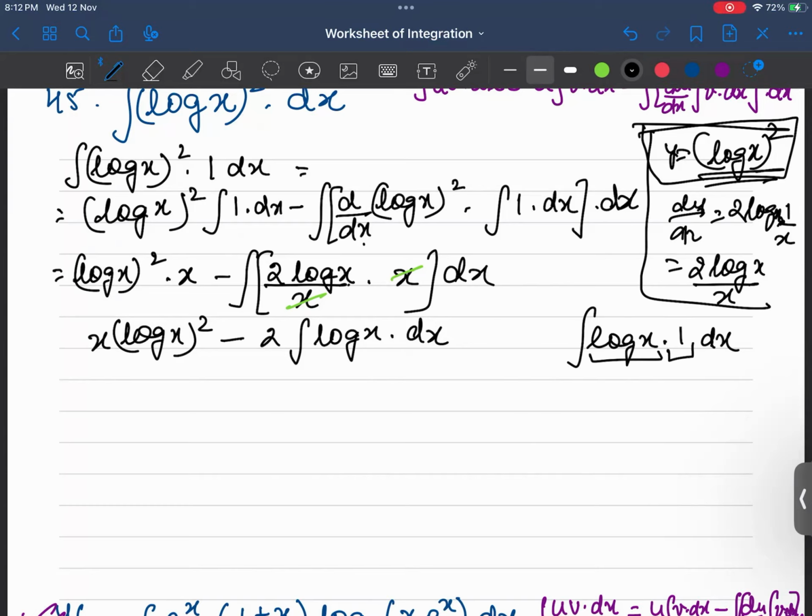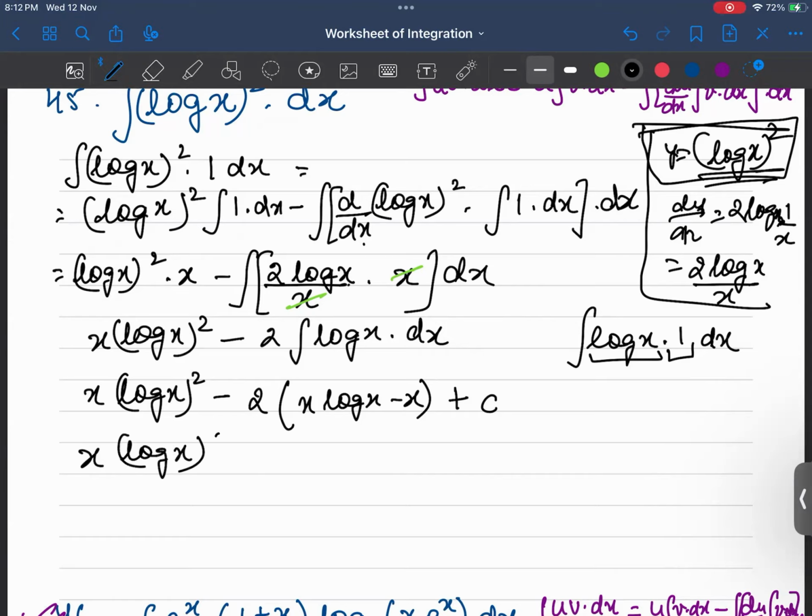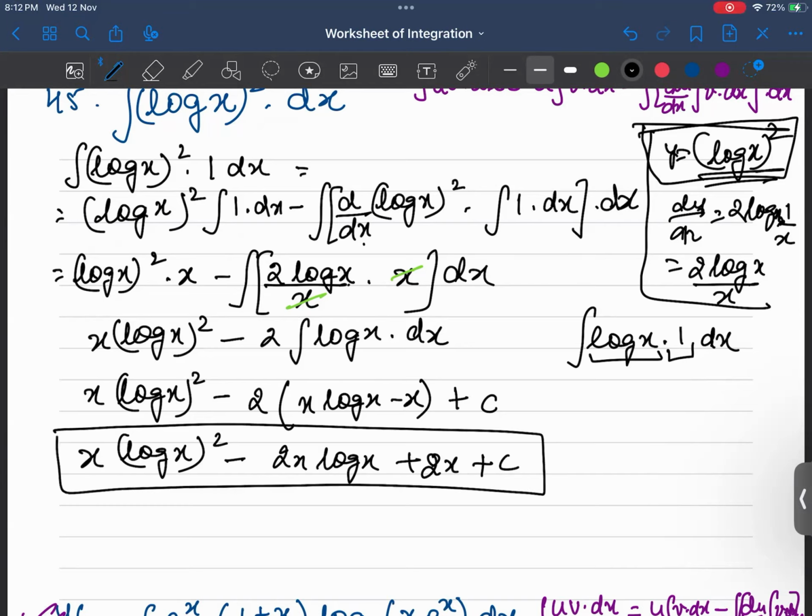You will get the same answer as above: x log x minus x plus c. Is it clear? x log x whole square minus 2x log x plus 2x plus c is your final answer. Is it clear? And easy also?